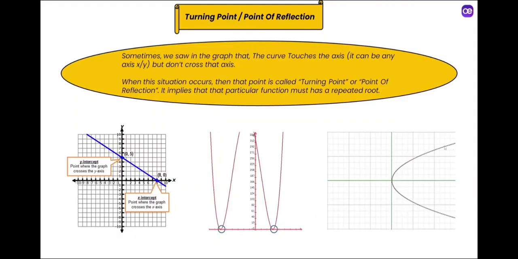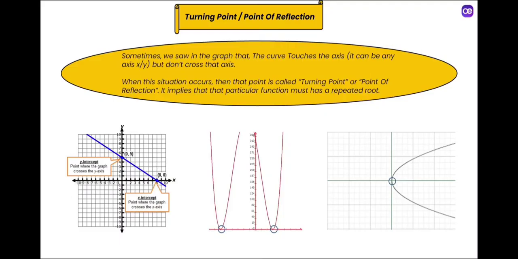And look at this final graph. Here this curve touches the y-axis. Look at this, this is the y-axis, and this curve touches it but never crosses it. Look, never crossed. It touches and reflects again to the right.